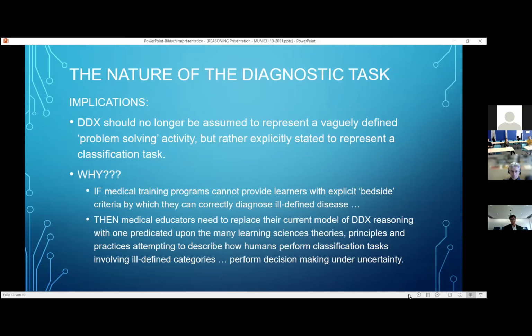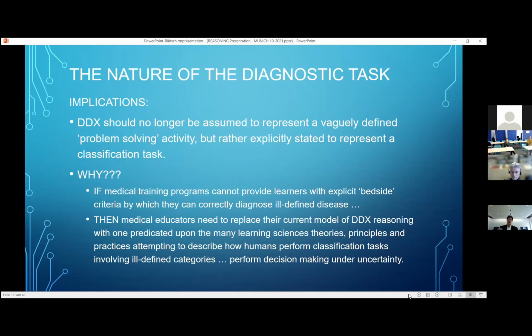So what are the further implications for medical education? Well, I strongly believe that differential diagnosis should no longer be assumed to represent a vaguely defined problem-solving activity, but rather explicitly stated to represent a classification task. And again, why?